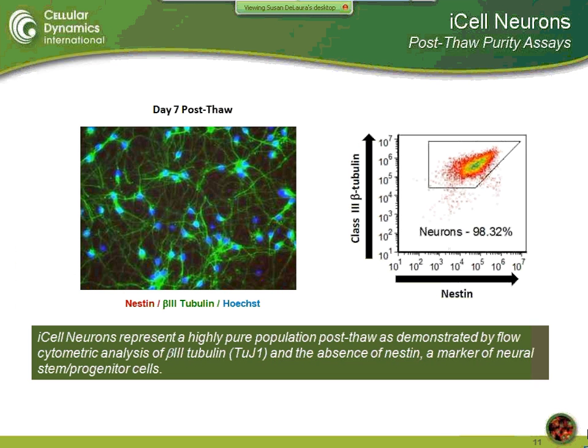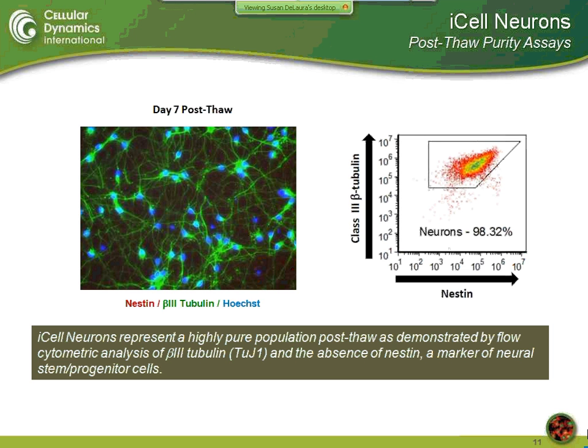When you look at the purity of our cells, one of the things that we assess purity by is making sure that they are beta-3 tubulin positive and nestin negative. The nestin negative is important because we do not want the cells to contain a population of neural stem cells or progenitor cells.